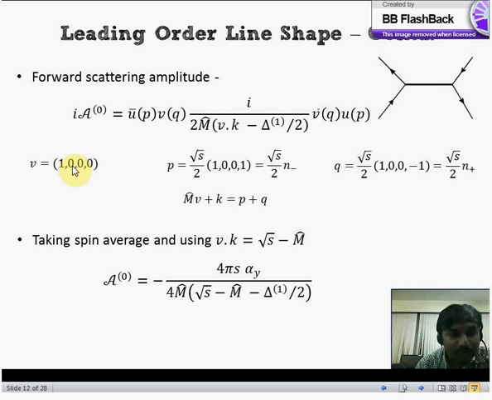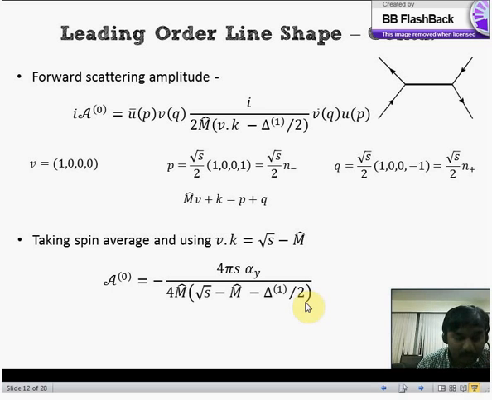Take the polarization average, put in v equals 1 0 0 0, because the scalar can almost be assumed to be sitting there and not doing anything. p is of course in the direction of n minus, q is in the direction of n plus, p being the vector for the electron, q being the vector for the neutrino, and p plus q will obviously be equal to m v plus k. I take the spin average, put v dot k, which comes out to be root s minus m, and this amplitude is simply given by this simple formula.